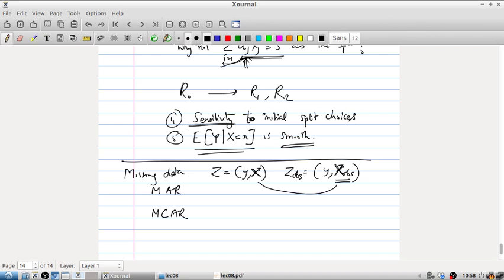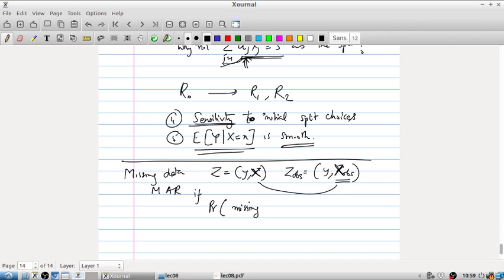So we call data missing at random if the probability of, let me call it missing.